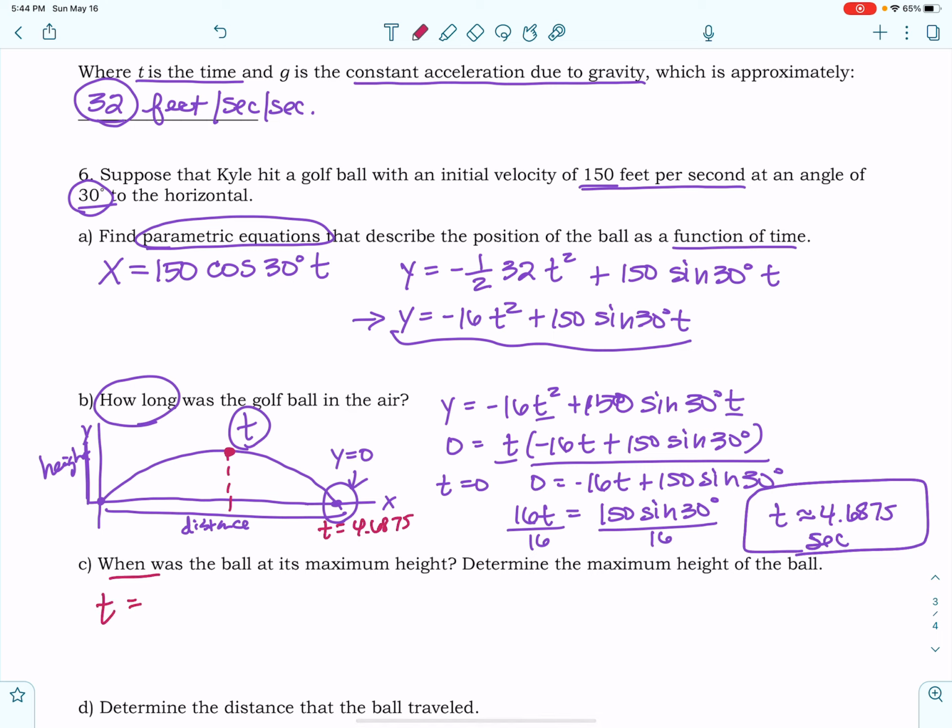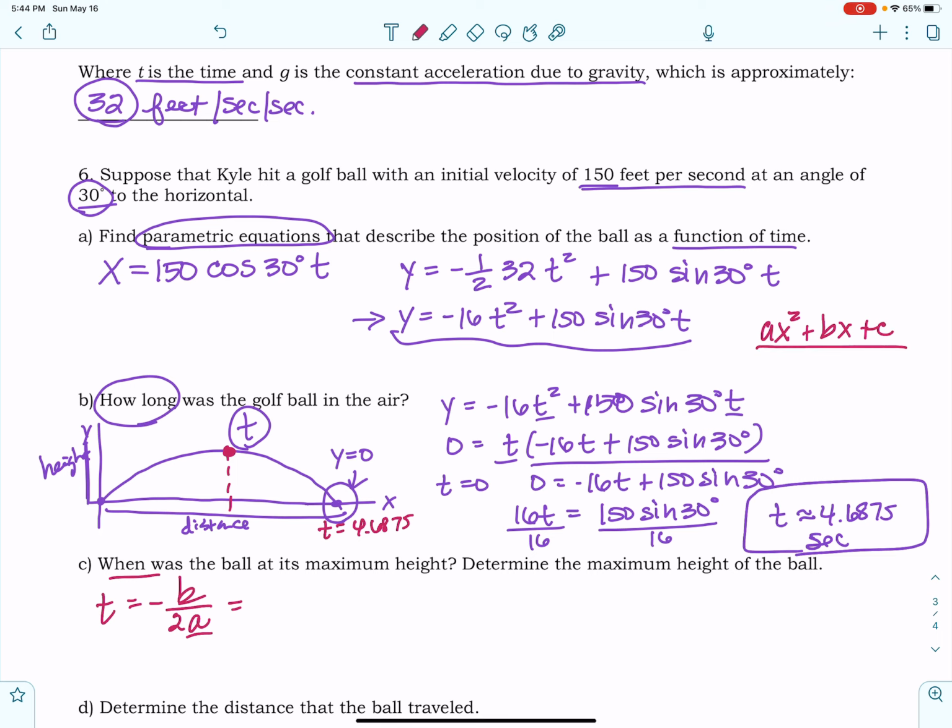Well, we're going to use a formula, a new formula, negative b over 2a. This is the formula for finding the vertex, or to find t at the vertex, because that is the vertex of my parabola, essentially. So what does this look like? Well, a and b are your values in your initial equation, because we know that ax squared plus bx plus c is the basic form of a parabola.